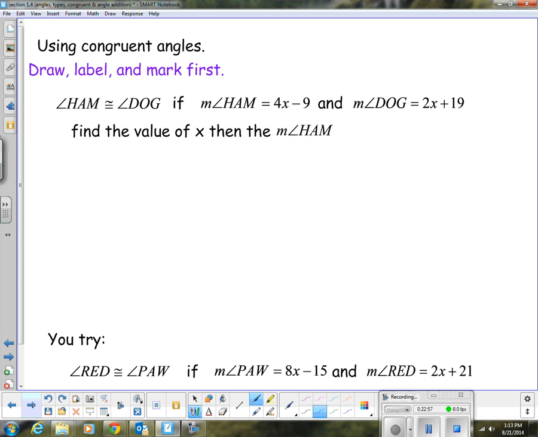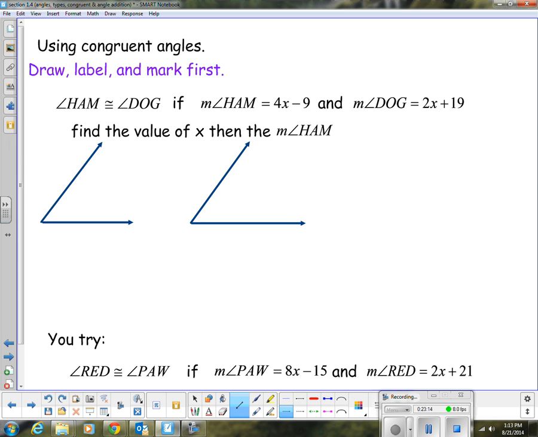All right, so if I want to do this, I want to draw, label, mark first. So I need to draw angle HAM, and then I'm going to draw angle DOG. Okay, that is the draw piece. Done. Now I'm going to go to the label piece.